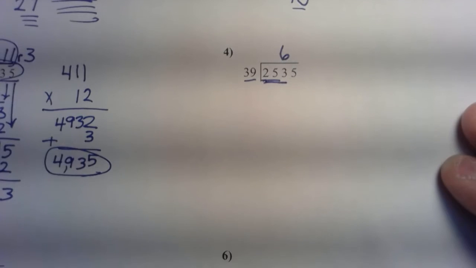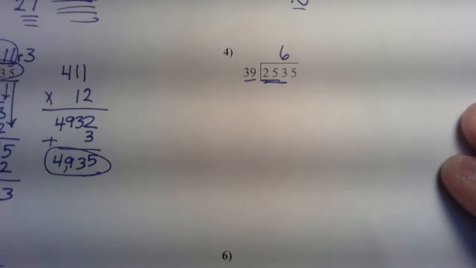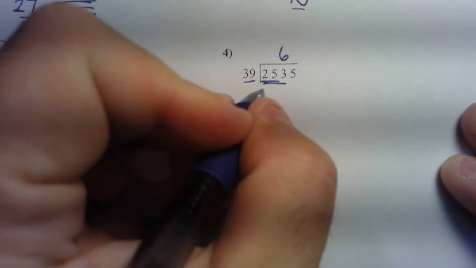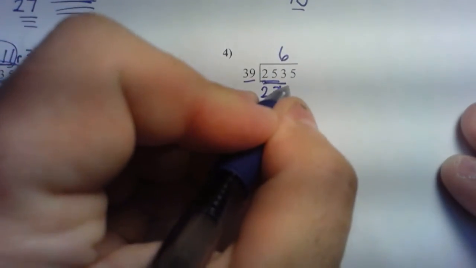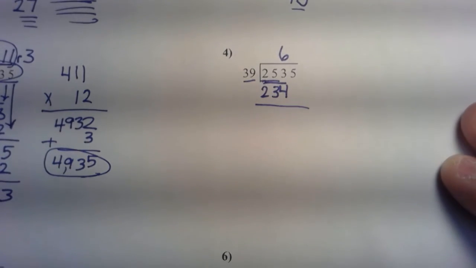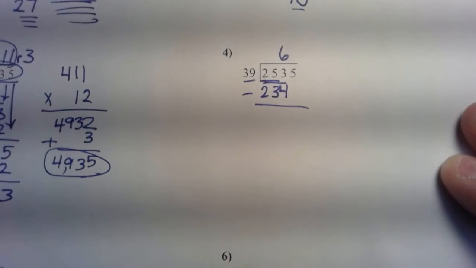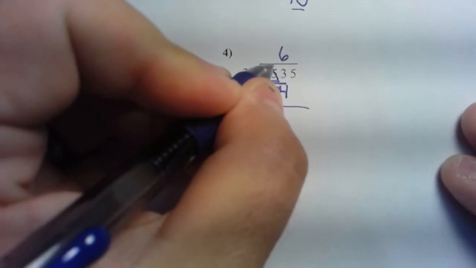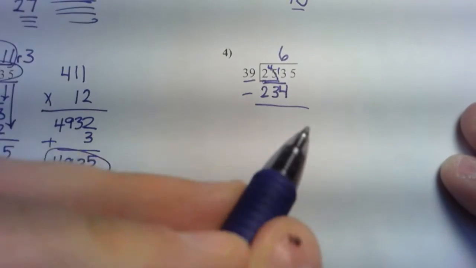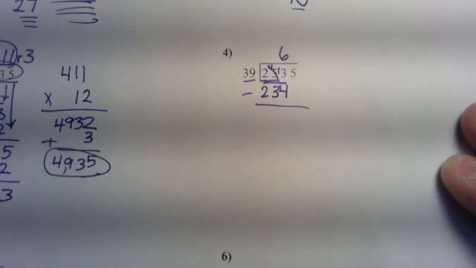So what was 39 times 6 again? 234. It's on the board. 234. Now what do you do to these, Ethan? And what do you get when you subtract them? Well, you have to borrow from a 5, make the 5 a 4. Good. Make this as big as 13. Done already?